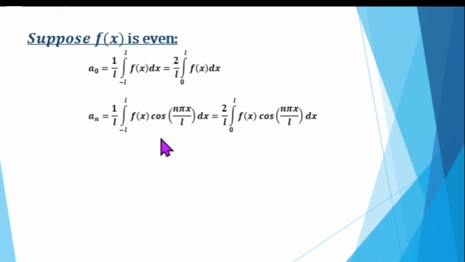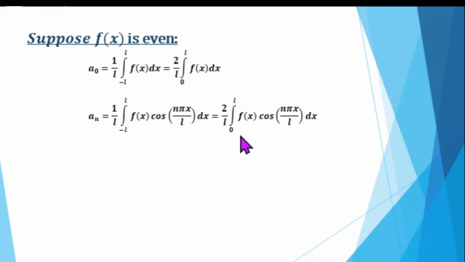The product will be an even function. So, from the property of definite integrals, integral minus L to L can be written as 2 times integral from 0 to L. So, we can write an will be equal to 2 by L integral from 0 to L f of x cos n pi x by L dx.